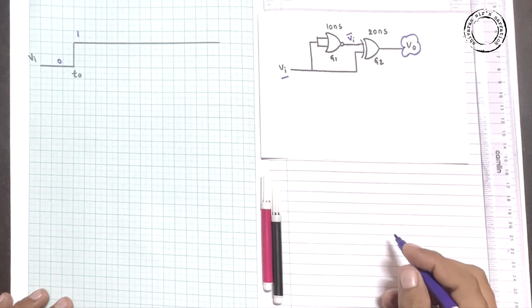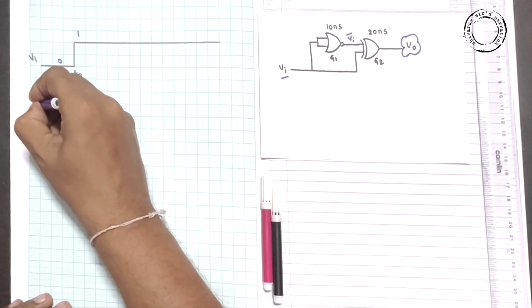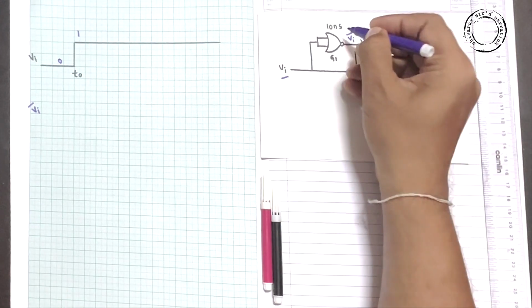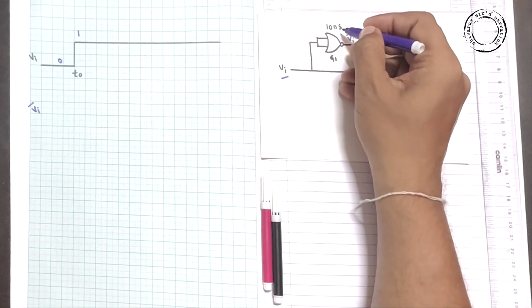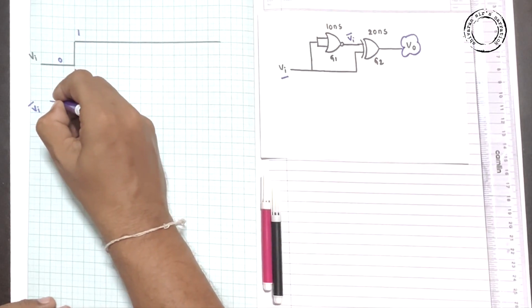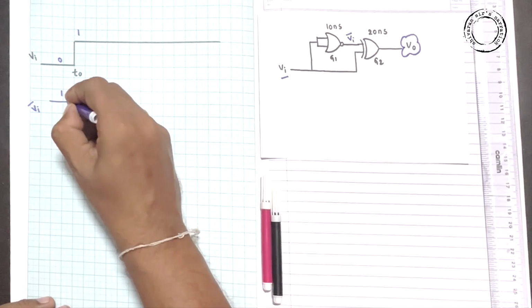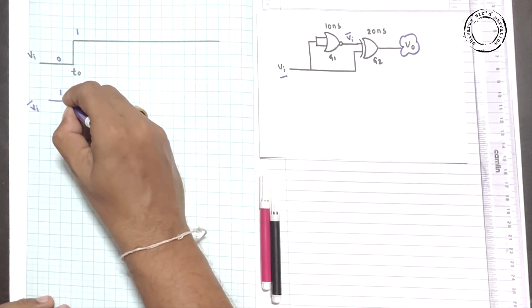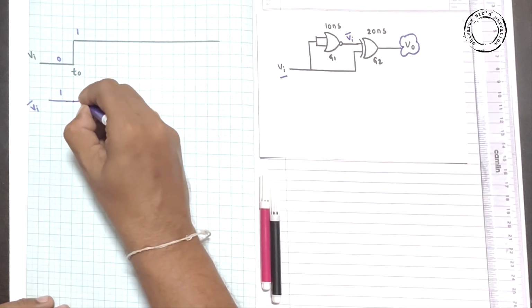Now here, first let's consider Vi dash. It has propagation delay 10 nanoseconds, hence the output changes from 1 to 0 after 10 nanoseconds from the T naught. So here let's consider this.